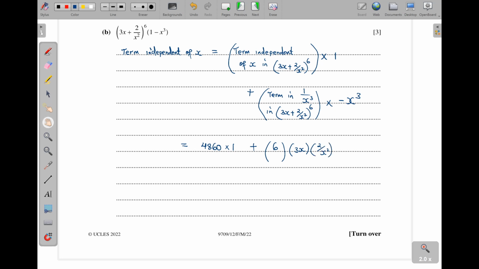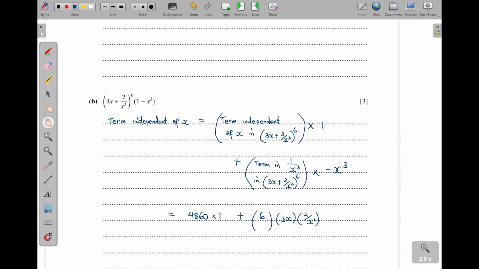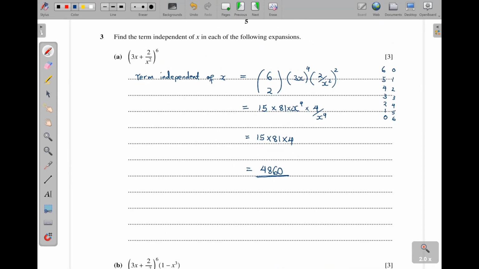So we need to put the powers here. Remember, we are picking from any of those pairs. Already we have used this one, and I also looked at this one before.